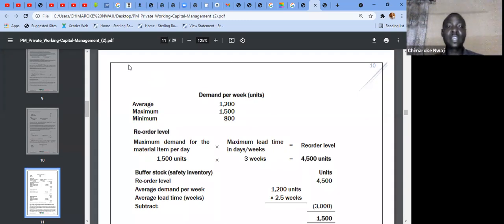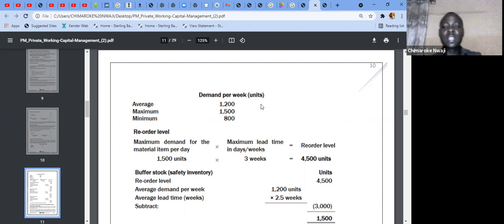6,000. See now, your customers are giving you an average of 1,002. So you see 6,000. The next day, customers demand 1,002. And you see here that, wow, 4,800 is remaining. Do not wait until the customers order again. Or maybe you are at 6,000 units and that day the customer ordered 1,500.